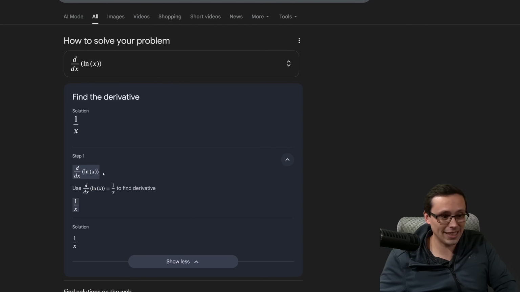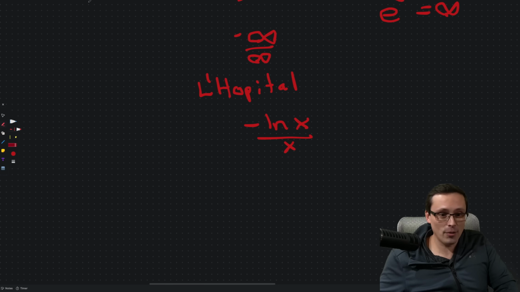You could Google search it. It's just 1 over x. The derivative of the natural log of x is 1 over x. And again, while we could make a whole other video proving that, we'll just at this point say that if you're watching this part of the video, you're somewhat familiar with calculus. And so this is going to become 1 over x, and then the negative sign just kind of hangs out there as well.